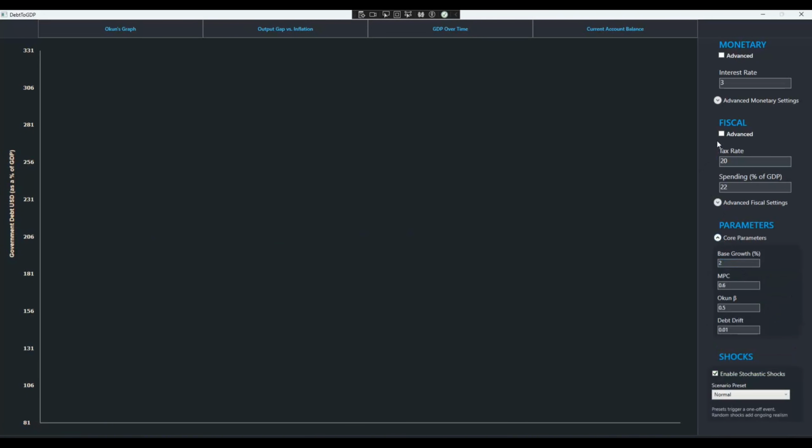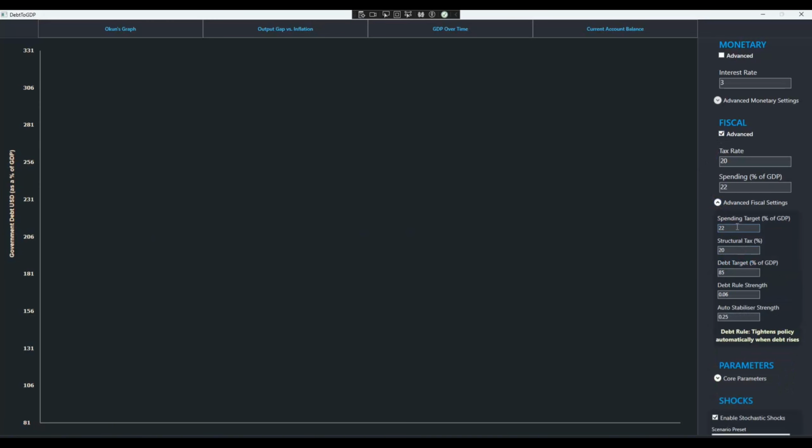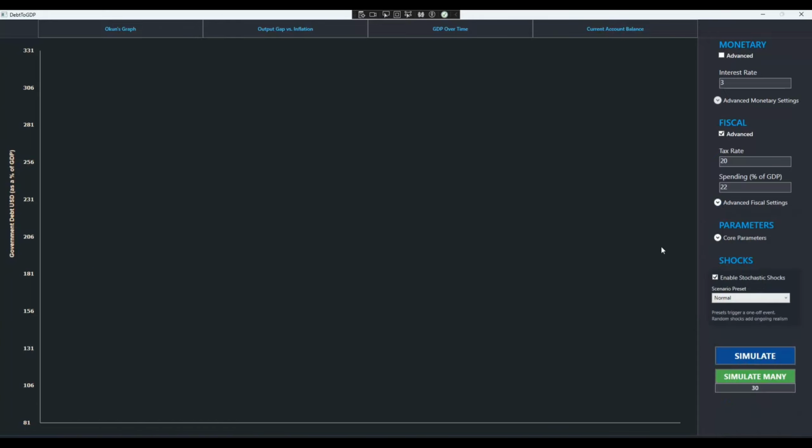So resetting the simulation, enabling advanced fiscal policy, and once again setting the spending target to 28%, and setting the debt target to 60%. And now we have debt rule strength of 0.06, which we can increase to 0.15. And testing it out, we should have lower debt values all across the board.